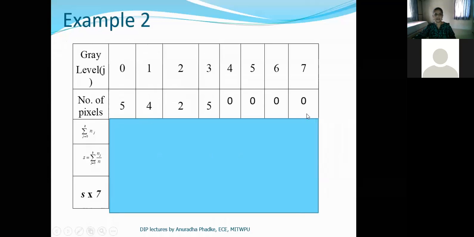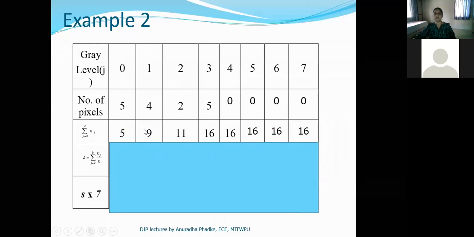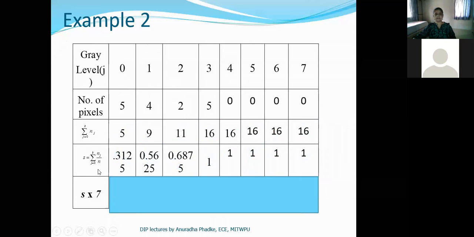So this is your first step, that is determining the histogram. Then cumulative addition, you're getting these numbers. Then the next step is normalizing the cumulative addition, as shown here. And the last step is converting your normalized CDF to the original gray range, that is 0 to 7.